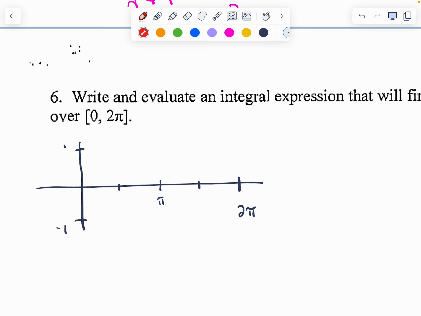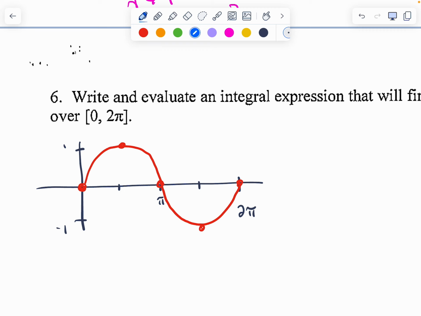I'm going to do sine in red. Sine starts at 0, 0, goes up to the top of the hill, down to the middle, down to the bottom, back up here. Make sure that it is not pointy. Make sure that it is curvy, because otherwise you're going to have a hard time seeing what the picture really looks like.